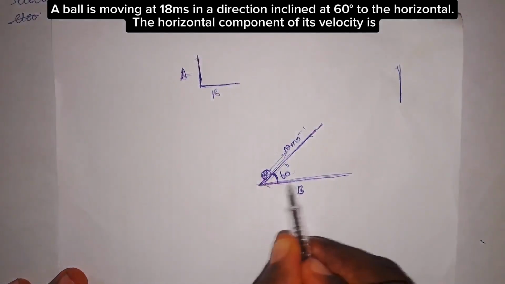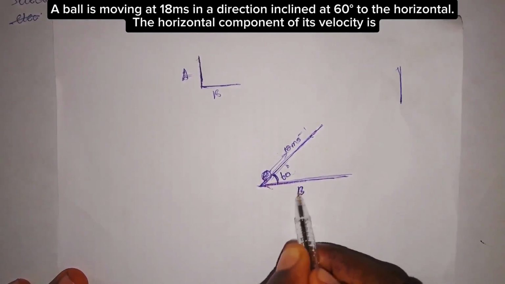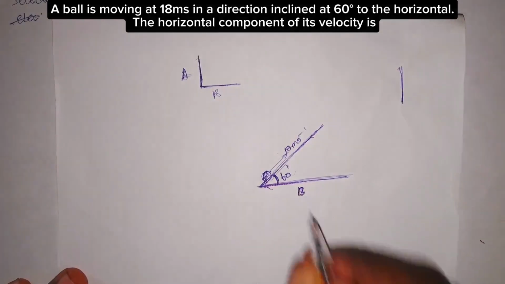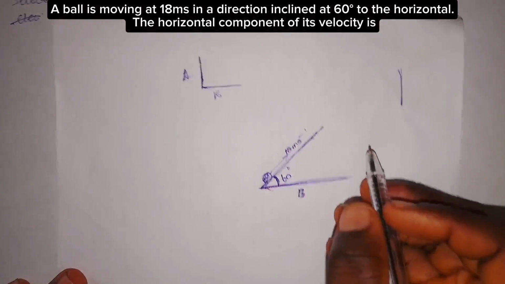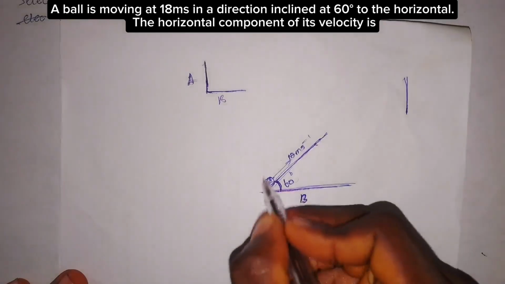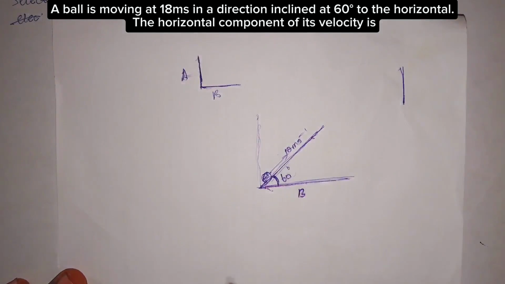We're looking for vector B. This question is also talking about perpendicular vectors.